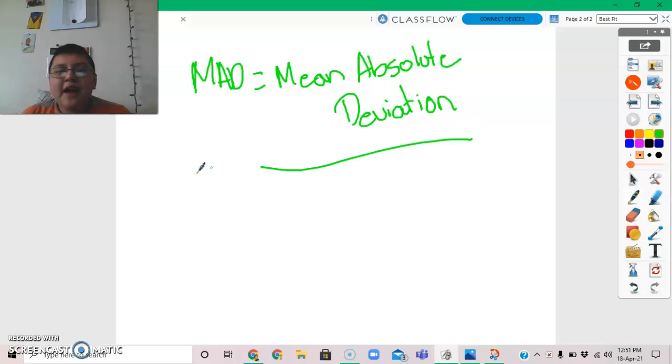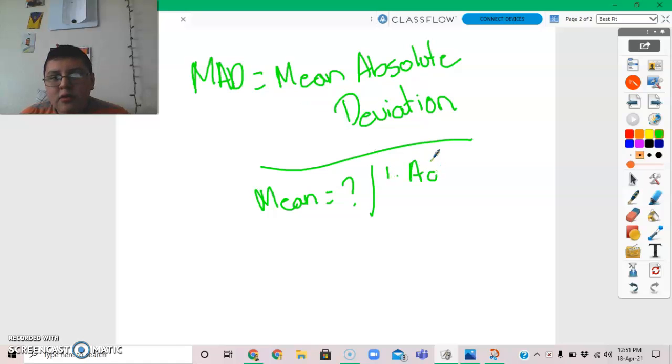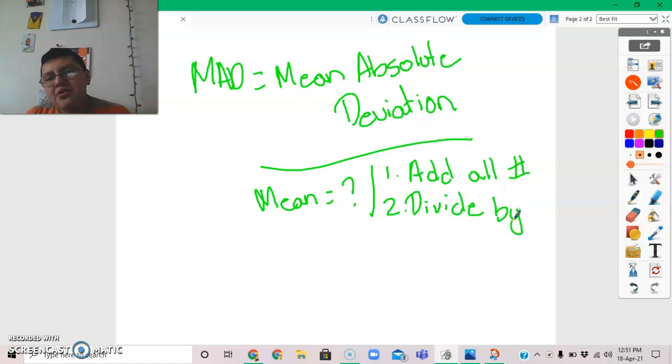And remember, to find the mean, you must first add all numbers. And the second part is to divide by how many numbers there are. So if there are 6 numbers, you're going to divide the total by 6, or 7 or 5 depending on the count.